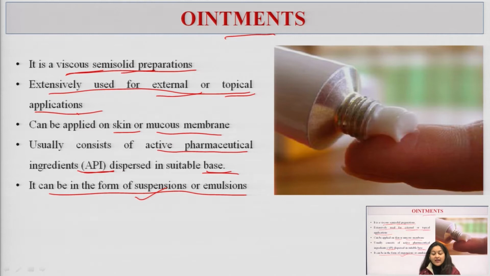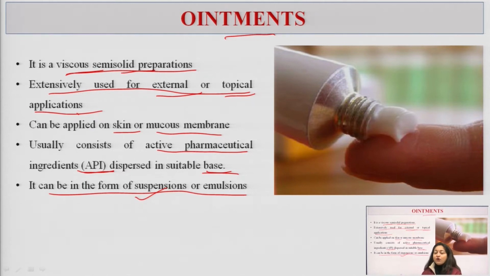However, if the API is present in an oily state, then the formulation that we come across is an emulsion. So an ointment need not necessarily be only an emulsion or only a suspension. It can be a mixture of both, or it can exhibit these two characteristics.